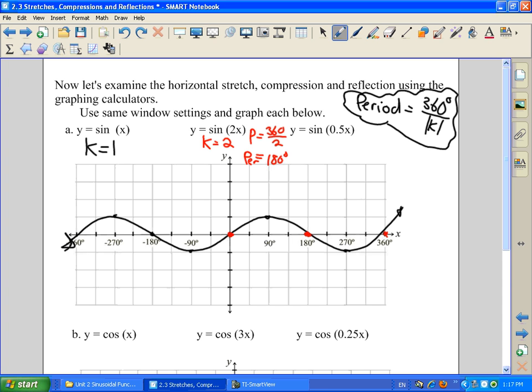Okay, so what does that mean? That means that we're going to be going like this. Okay, so this is probably the hardest one to grasp, ladies and gentlemen, in that we need to have 2 in the time that we would normally have 1.